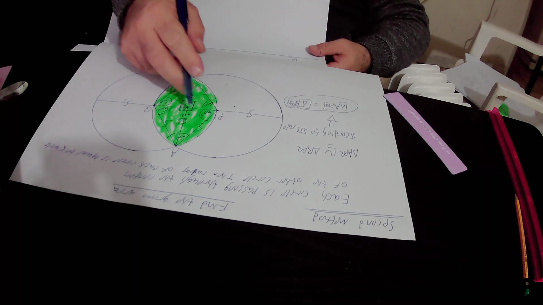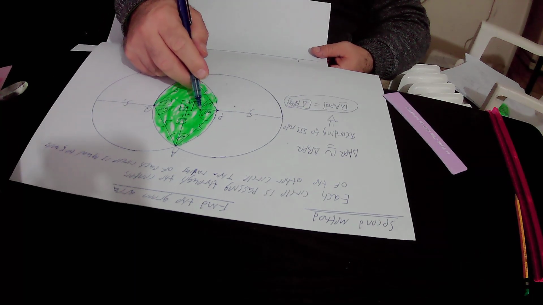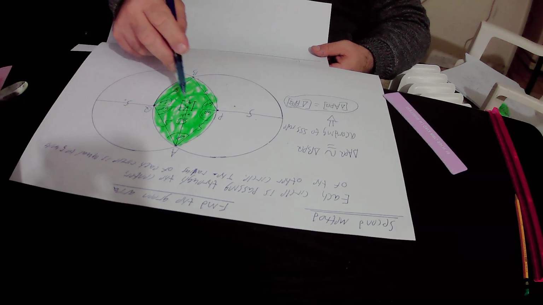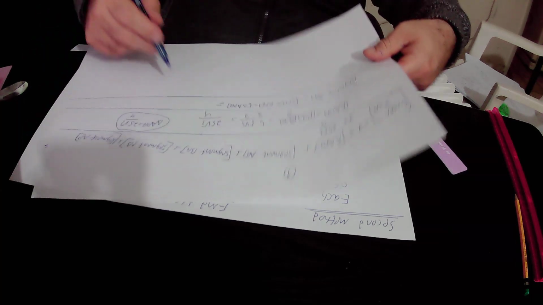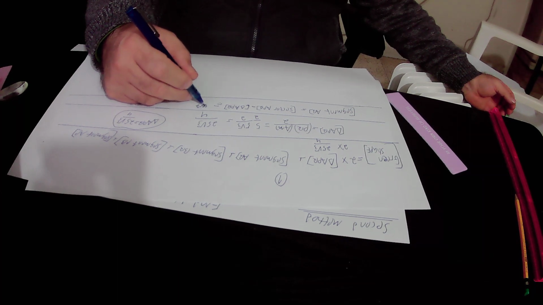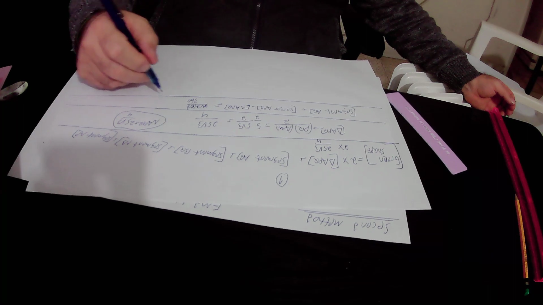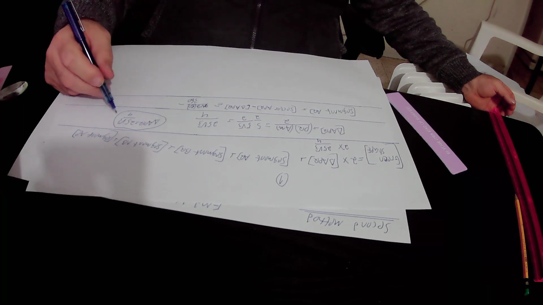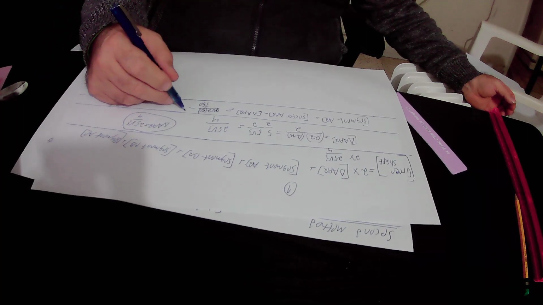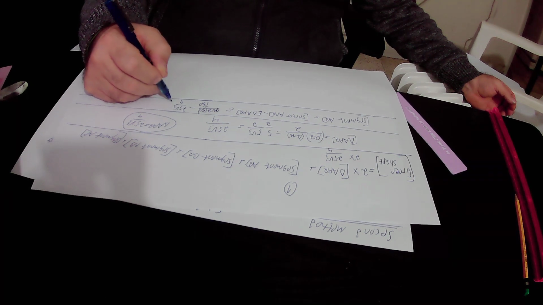The area of sector APQ will be equal to pi r squared times 60 degrees over 360 degrees, minus the area of triangle APQ, that is actually equal to 25 times square root of 3 over 4.